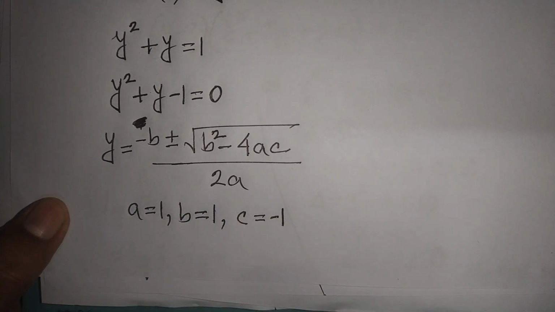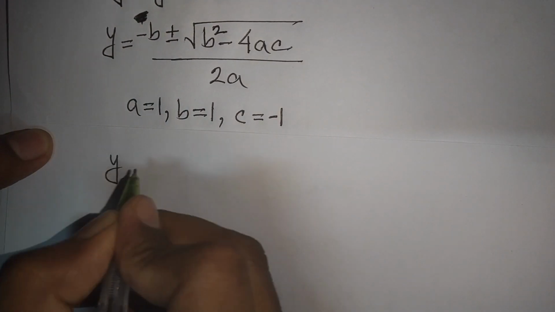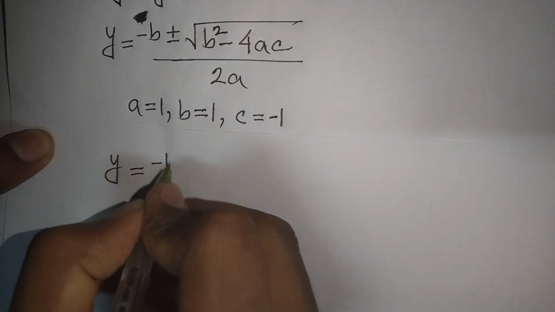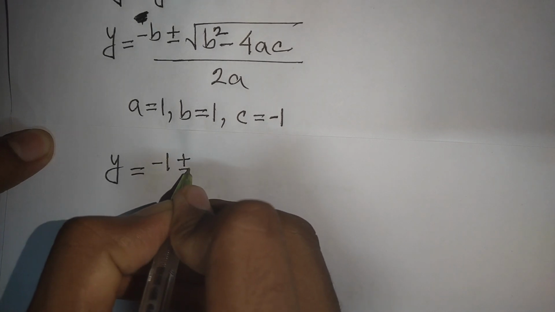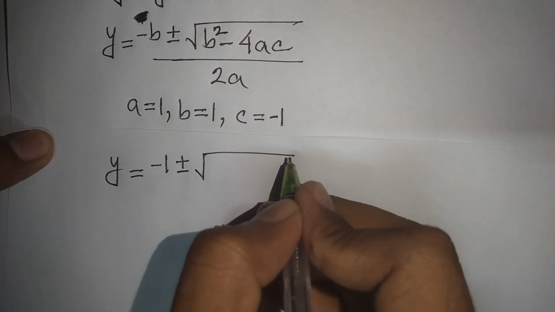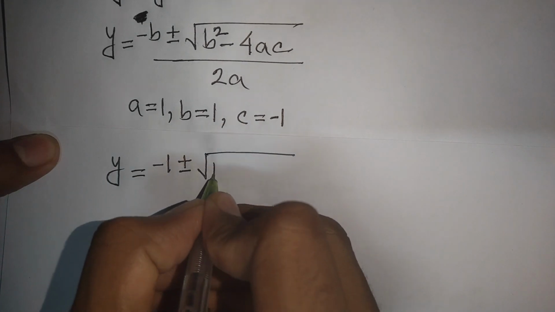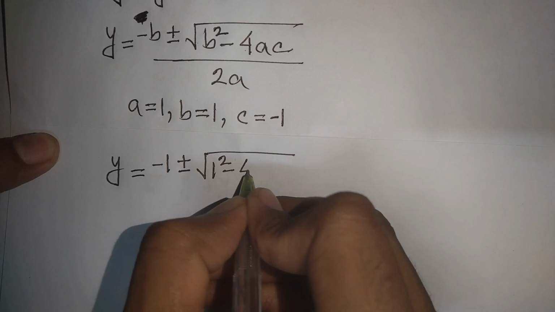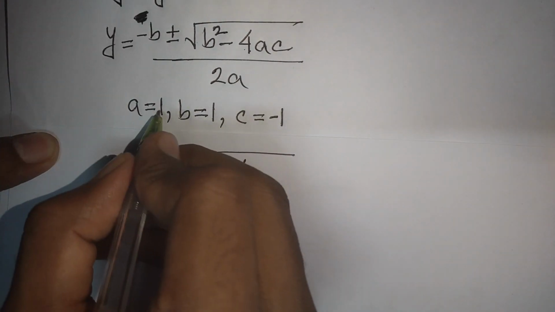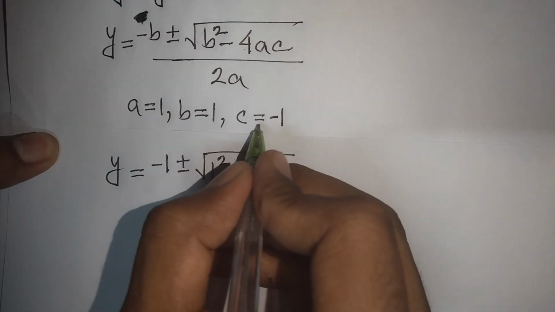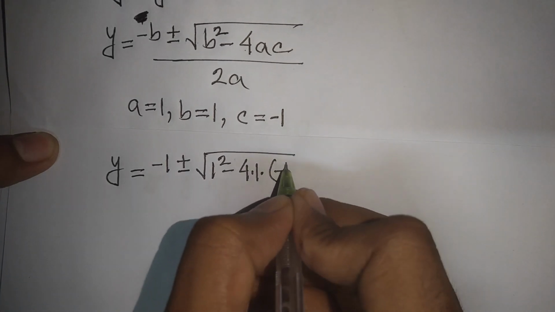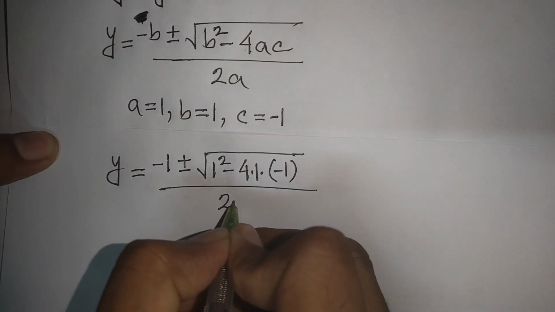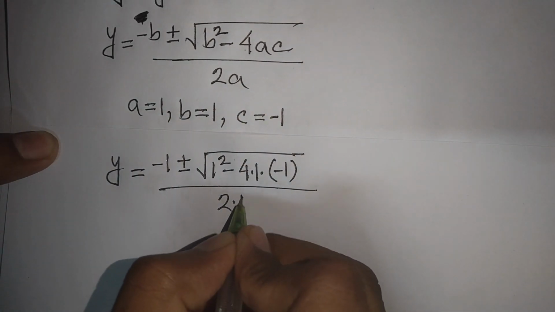Now y will be equal to minus b, that means minus 1, plus or minus the square root of b square, that means 1 square, minus 4 times a, that means 1, times c, that means negative 1, divided by 2 times a, that means 1.